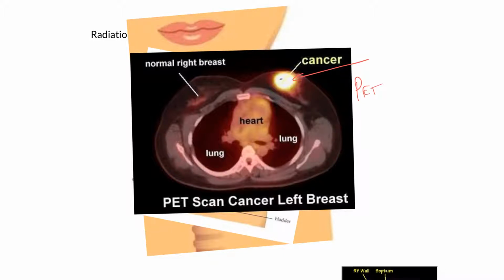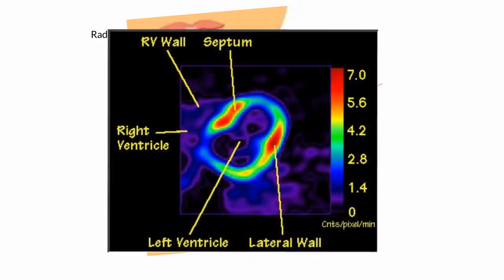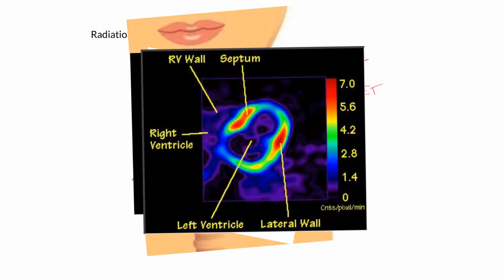We've also got here another PET scan of the heart, showing areas that appear to have more activity or that have more of the radioisotope that we'll talk about taken into them.